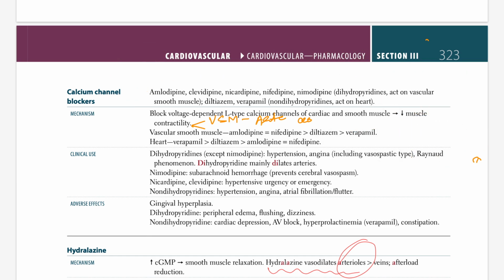Okay, now let's compare and contrast. They are dilating the precapillary, and RAS inhibitors are causing post-capillary vasodilation.